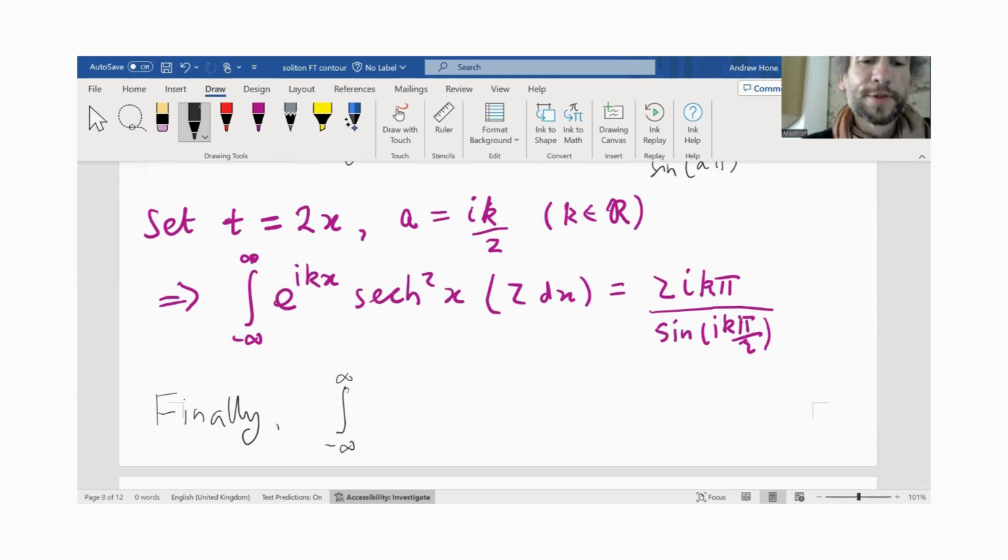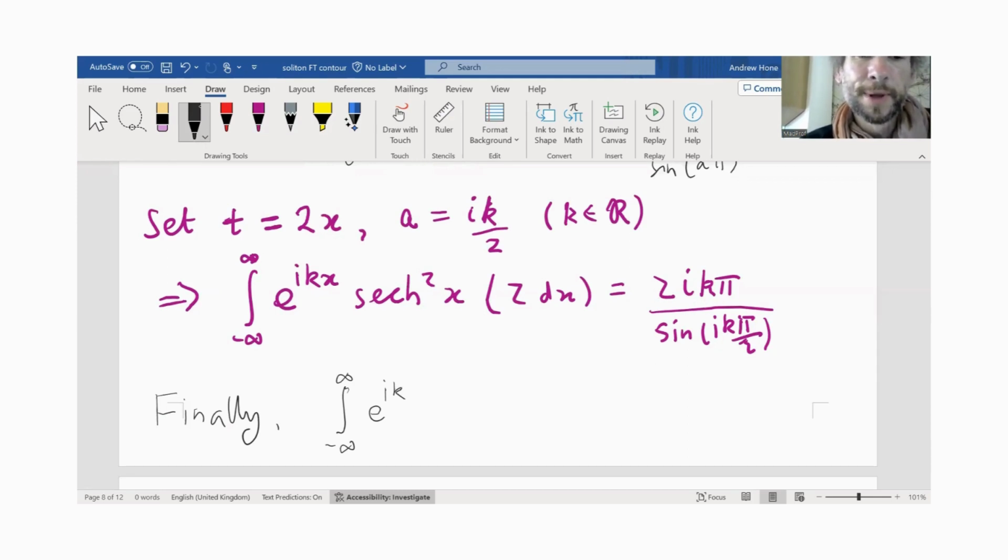And then we can simplify this a little bit, because on the right hand side we've got sine of an imaginary quantity with an i on the bottom. If you know about the relationship between sine and hyperbolic sine, then you can see that you can write this in terms of hyperbolic sine.